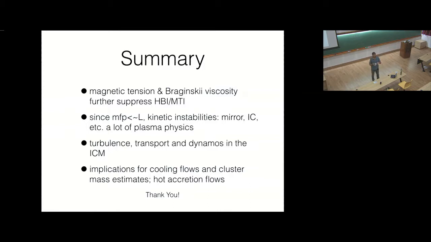How does the intracluster medium generate magnetic fields? I just concentrated on galaxy clusters, but such dilute astrophysical plasmas are very common, even in accretion disks, accretion flows, and the solar corona is also dilute and anisotropically conducting.